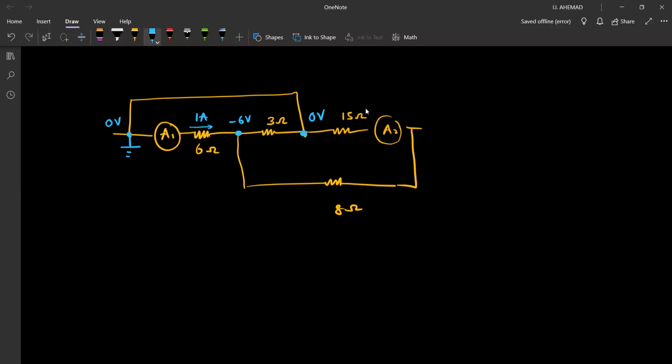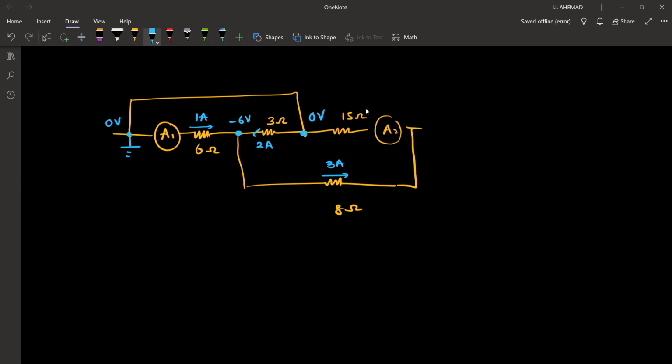So across this resistor, now you can find the current in this resistor because you know the potential difference. Using the potential difference, it's 6 volts. 6 is equal to 3I, therefore I is equal to 2. So the current in this resistor is 2. So 1 ampere and 2 ampere together, the current through this is 3 amperes. Because it is 3 amperes, now check the potential drop.